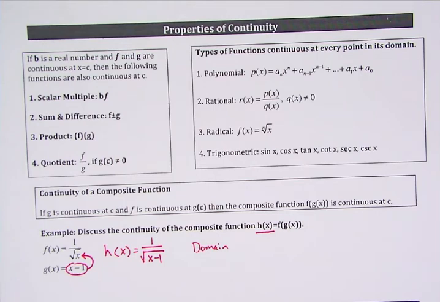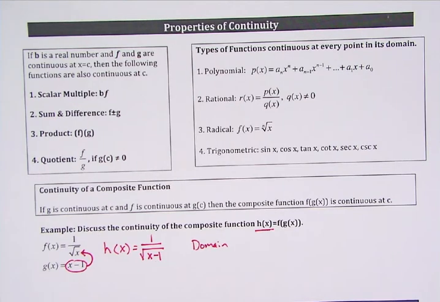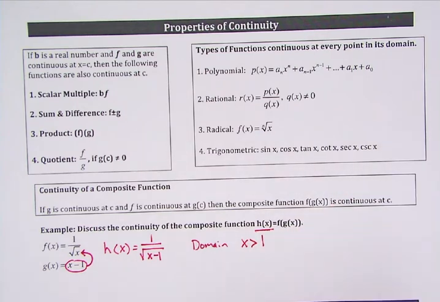All right, so the domain of this thing, we know we can't have a negative number in here. So any value greater than 1 is going to work. And we know it can't equal 1 either, because then that would give us 0. So the domain is x is greater than 1.